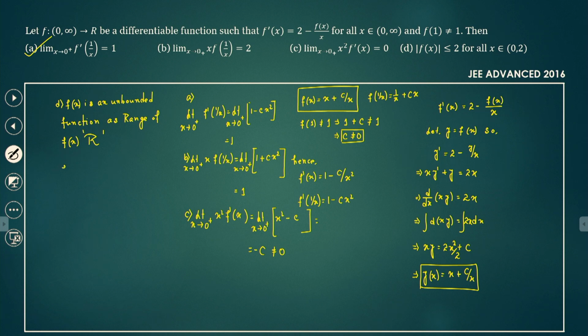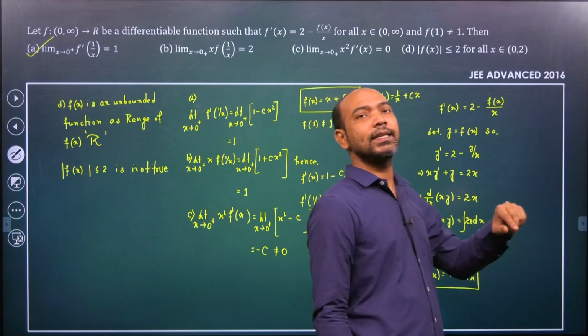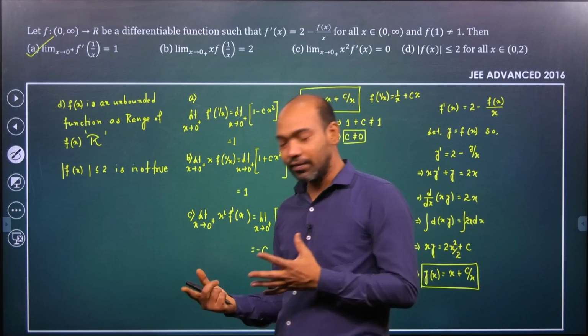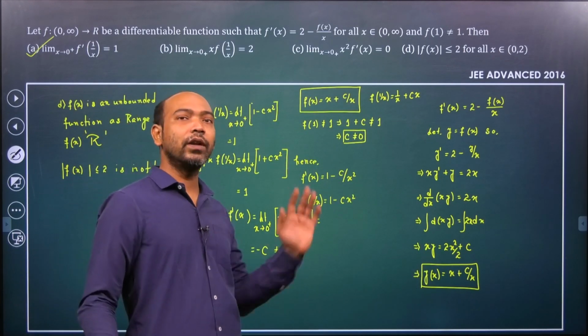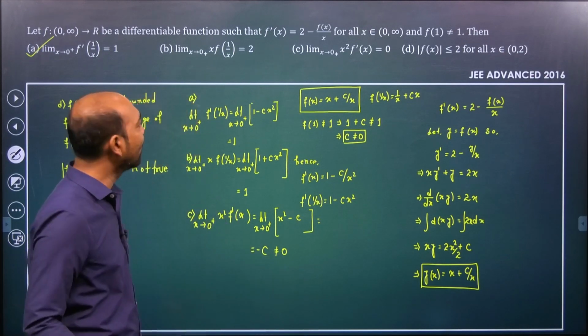So therefore option D, that f of x lies between plus 2 and minus 2, is impossible, not true, because it's unbounded. You can also check it with limit x tends to plus infinity or minus infinity of f of x. If x is plus infinity, you will get infinity. If it is minus infinity, again it's infinity. So therefore it will be an unbounded function. You can go ahead with that approach as well.